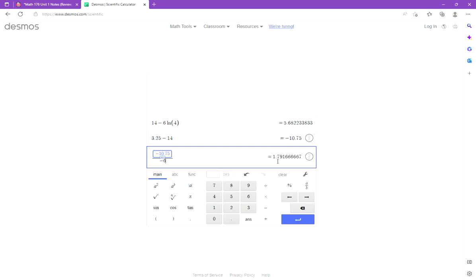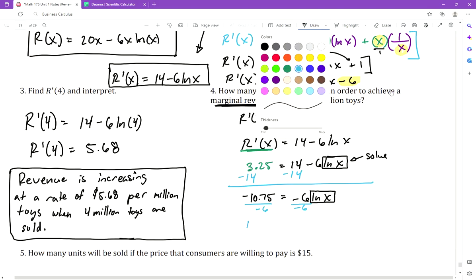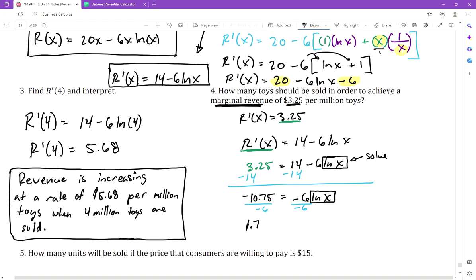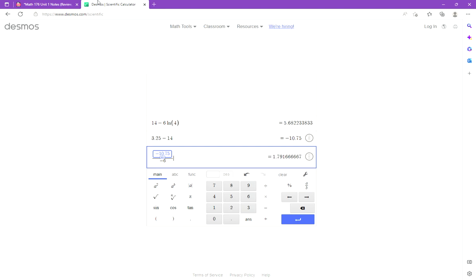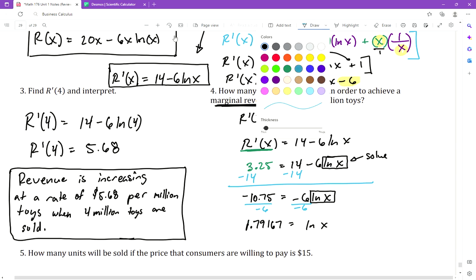Okay, so we've got 1.79167. Let's keep the decimal pretty long. 1.79167 equals ln of x.